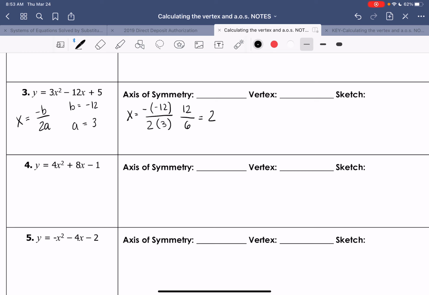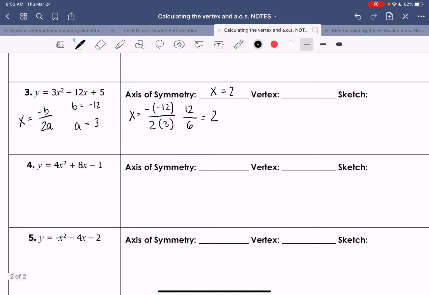So our axis of symmetry here is going to be x is equal to 2. So then with our vertex, we're going to use the information of x equals 2 to substitute into our original equation, which is y is equal to 3x squared minus 12x plus 5.